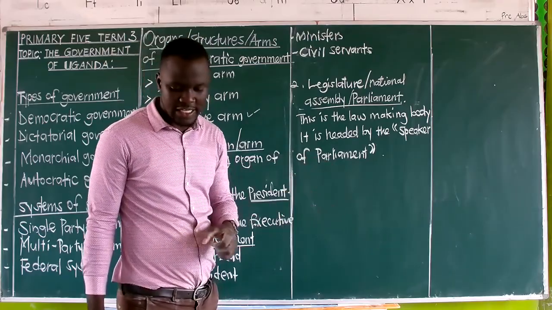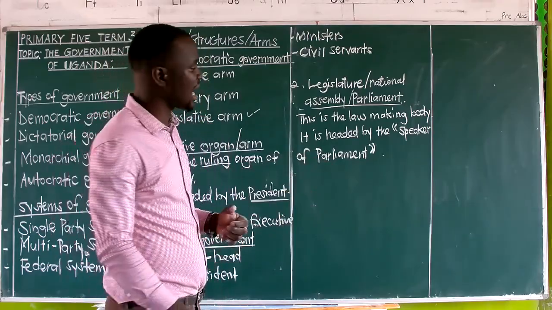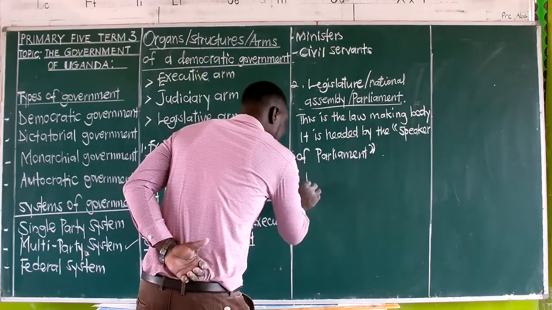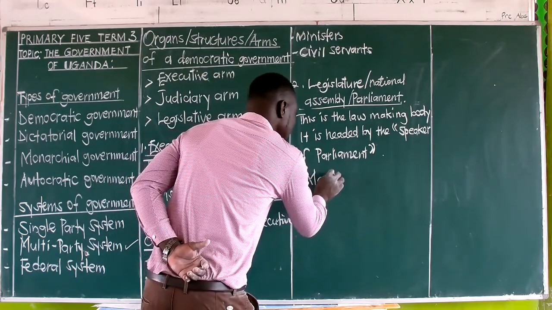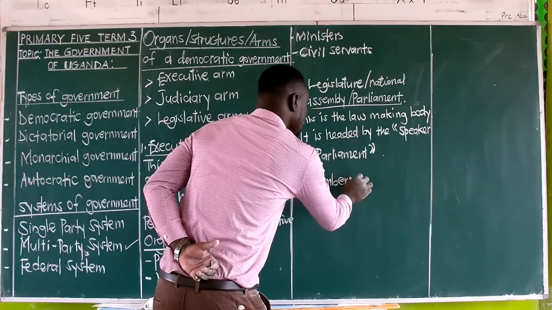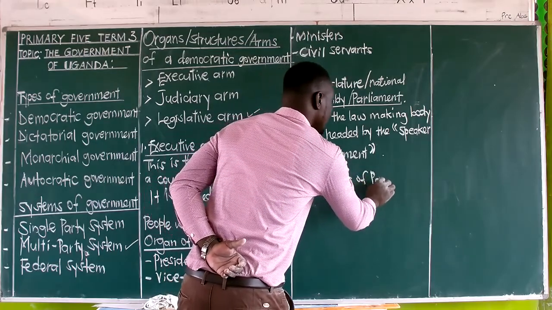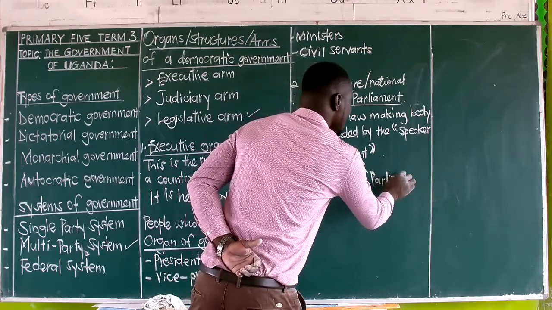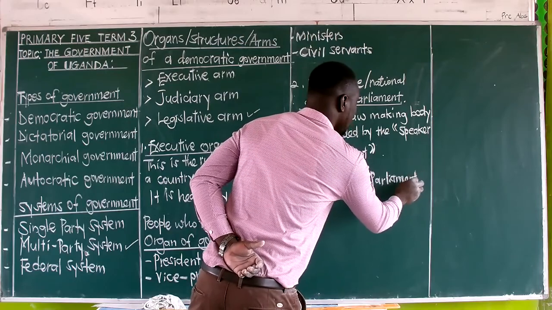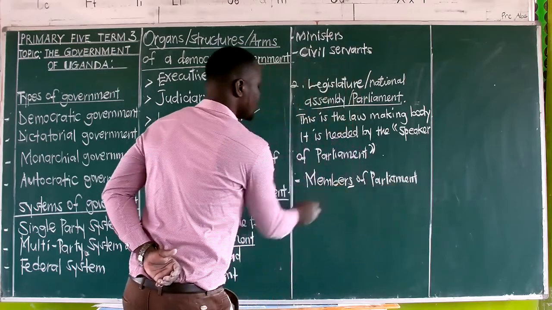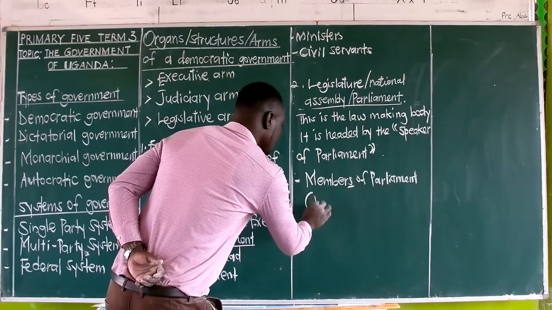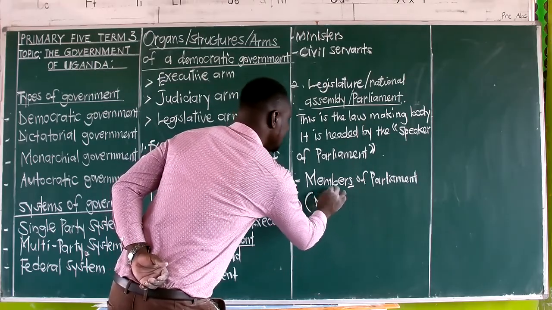However, not only the Speaker of Parliament, we also have other people like the members of Parliament. We are now looking at other people who form that parliament. The members of parliament, since we have written members, we can write it in short as MPs.